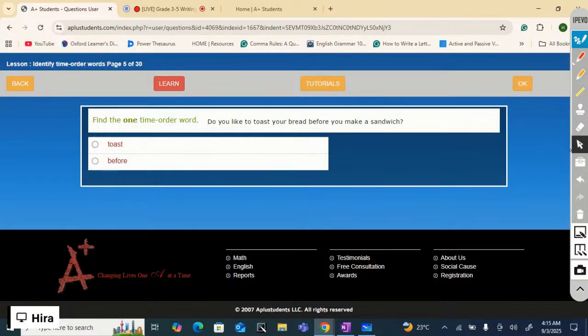Well, the time order word is before. Do you like to toast your bread before you make a sandwich? Means before something else, before another thing. So it shows sequence of events.